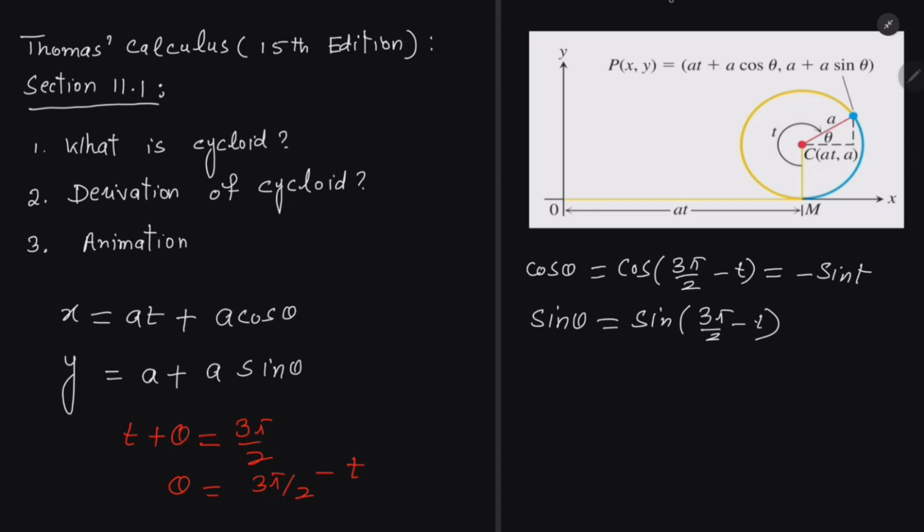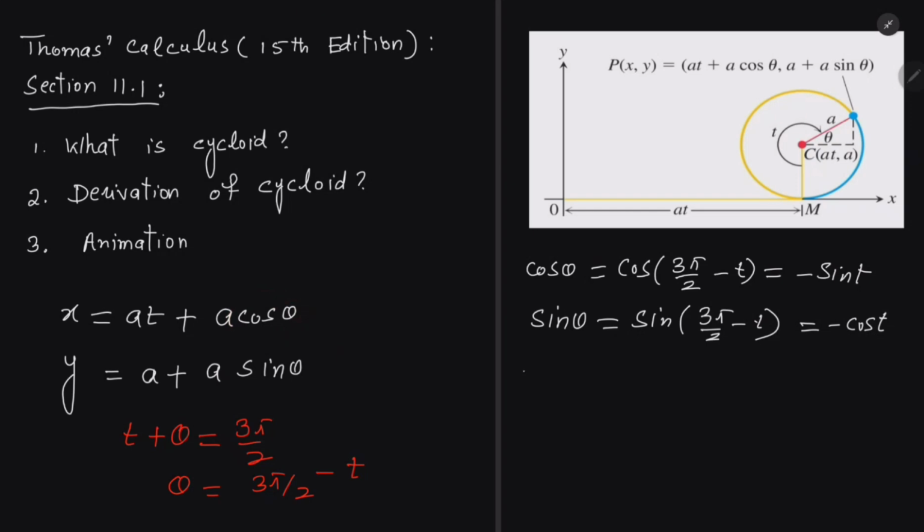As you can see, we have to remove this cos theta and this sine theta. That's why we are putting the value of theta over here. So that's equal to minus cos t.